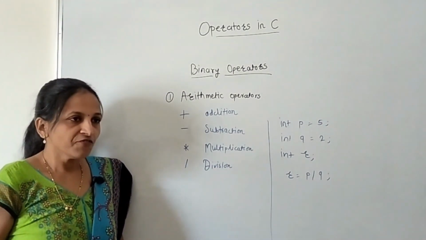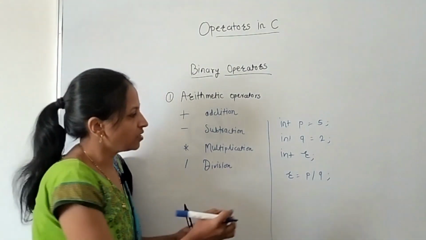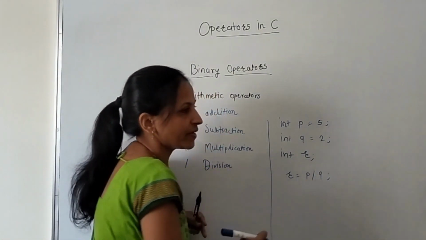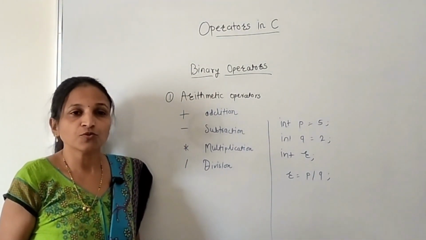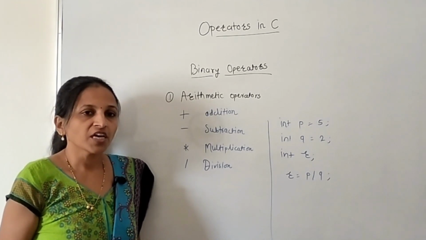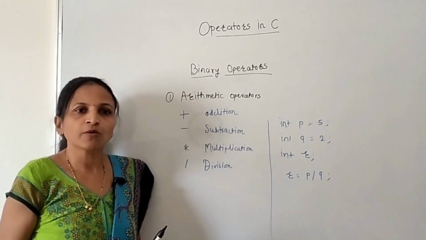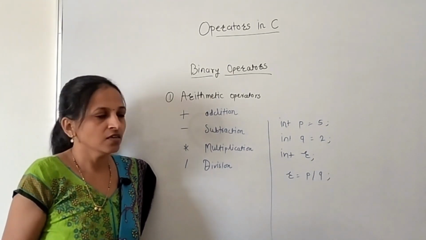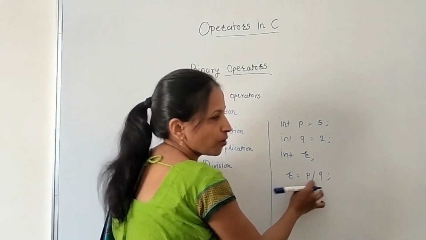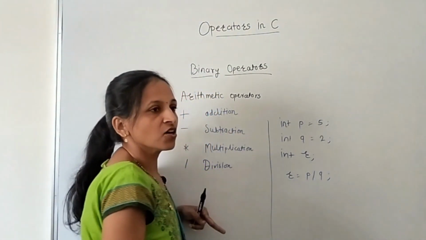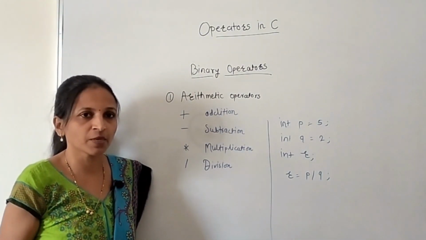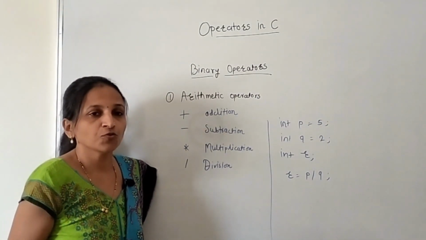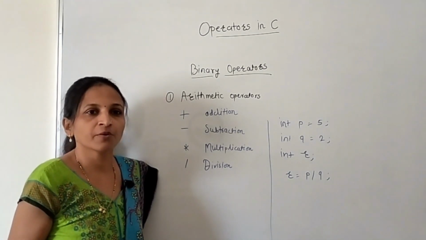Now, how does this division operator act? See, if both the operands are integer, then it will always give you an integer result. And if one or both operands are real, meaning floating point values, having a decimal point, then it will give you the result in decimal format.